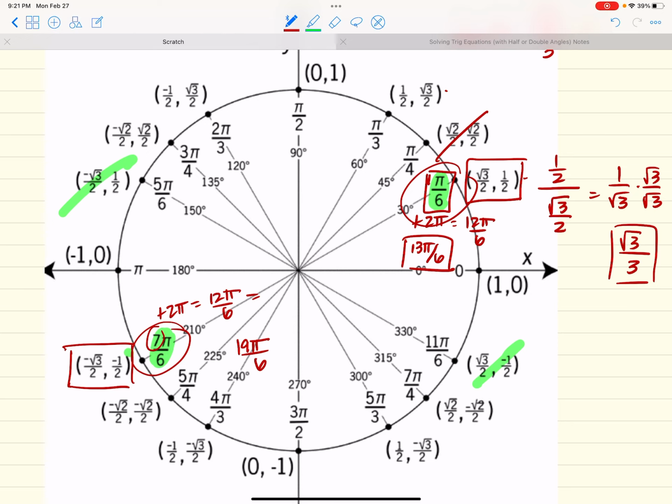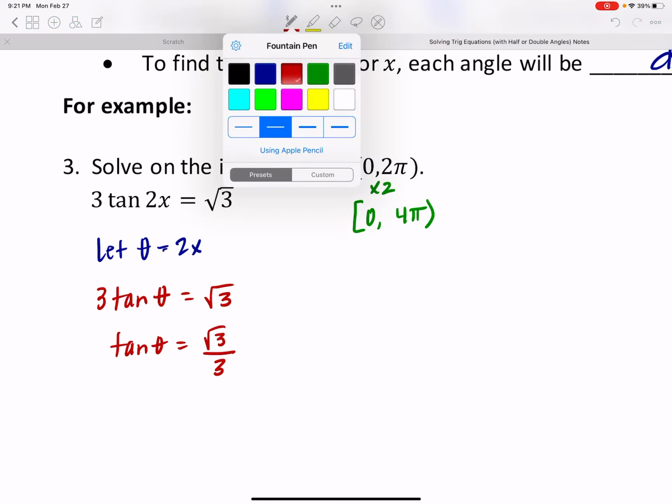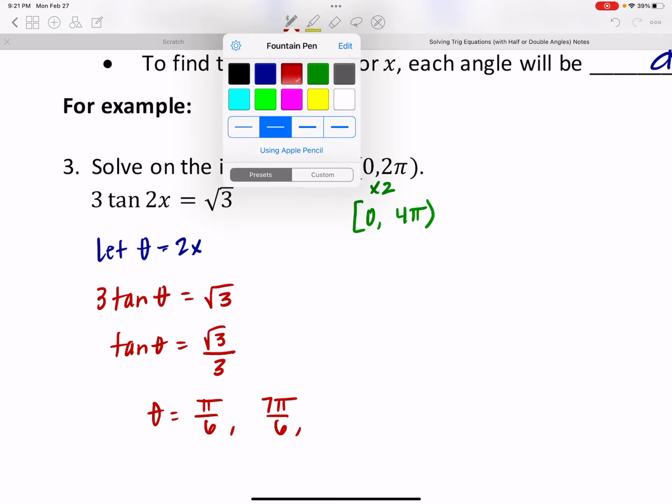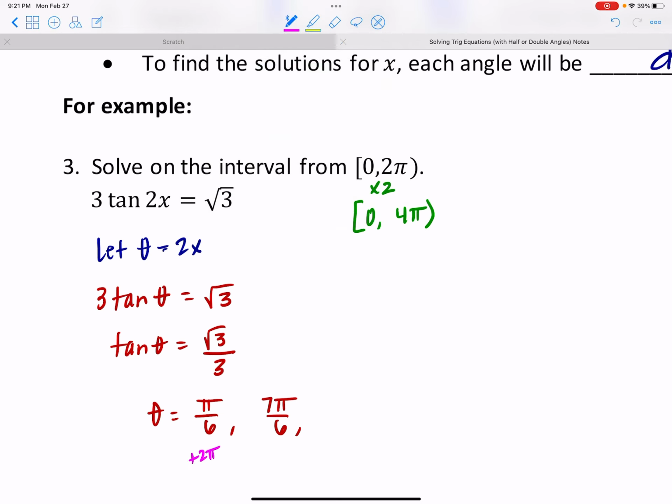So I have these two angles, and then I lap around again and get the two other angles. Because I'm not going an infinite number of times, which actually would have made this problem a little easier, I need those four distinct angles. Let me go back here. We said that this is going to happen when theta is equal to pi over 6, and then 7 pi over 6. Then I added 2 pi to this to get my next angle: 12 pi over 6 plus 1 pi over 6 made the next one 13 pi over 6.